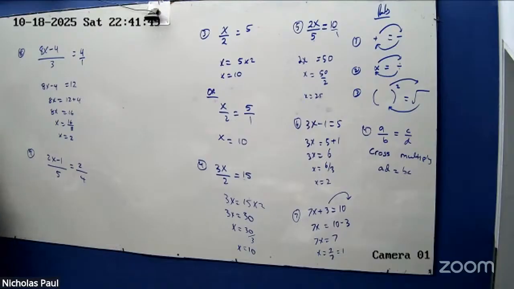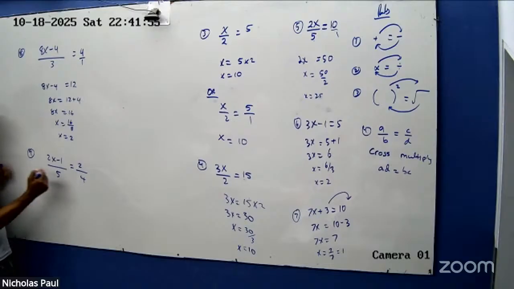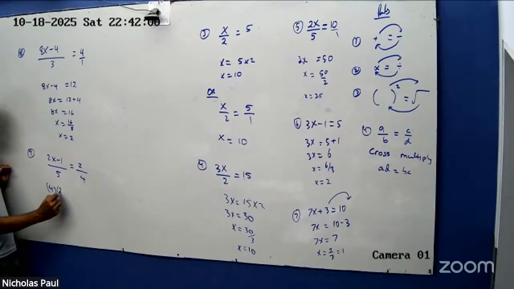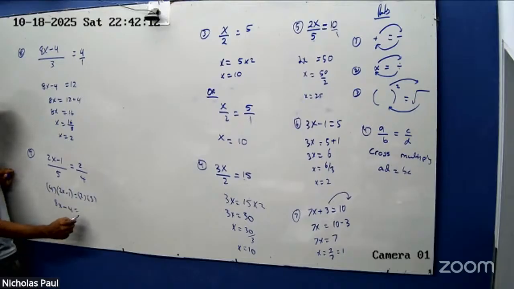Right, so let's see how far you reach. So you multiply 4 by 2x minus 1. And you multiply 2 by 5, right? Help me out here. What do you got? Minus 4, 2 by 5 is?